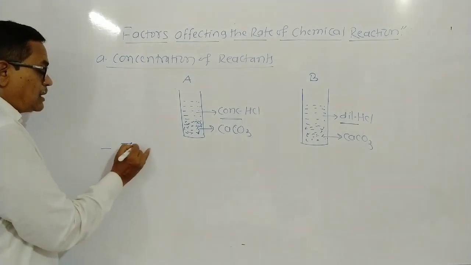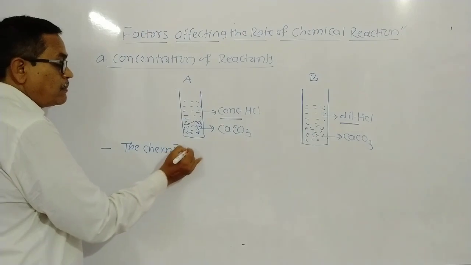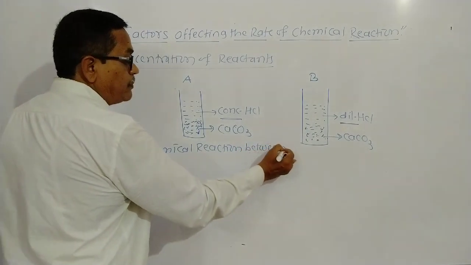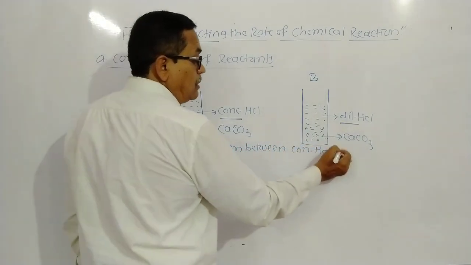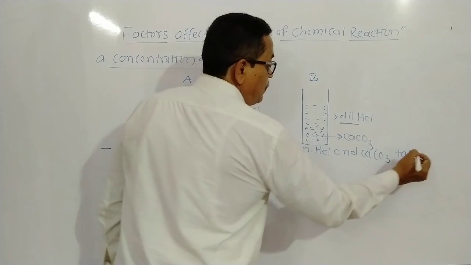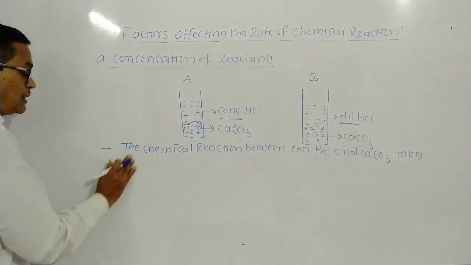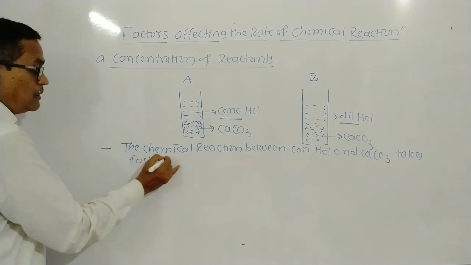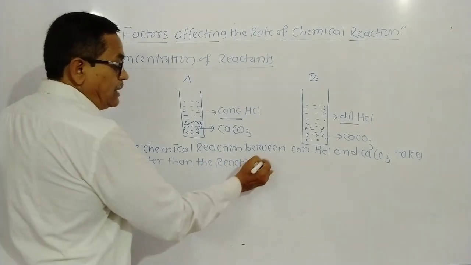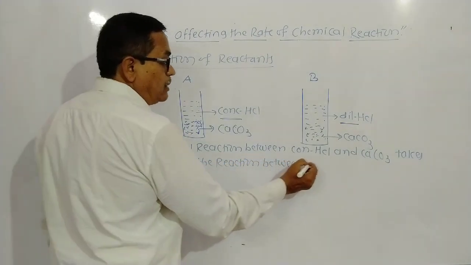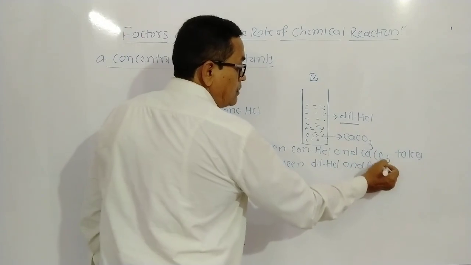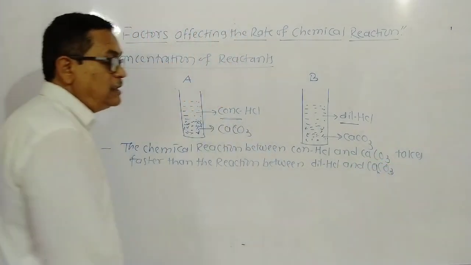The chemical reaction between concentrated HCl and CaCO3 takes place faster than the reaction between dilute HCl and CaCO3.